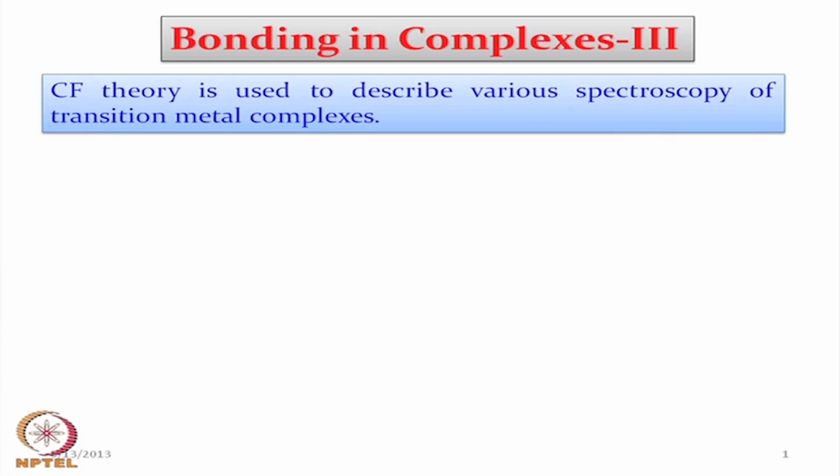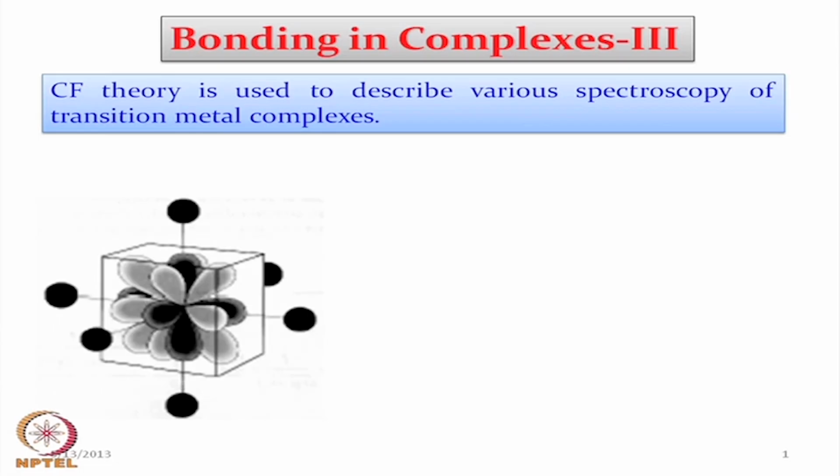Here we are basically assuming that the metal-ligand interaction is purely electrostatic in nature, and that is why we think that everything is within an environment where a crystal field is operating. In a particular octahedral crystal field, the metal ion orbitals are sitting inside a cube, and all these interactions are electrostatic in nature.